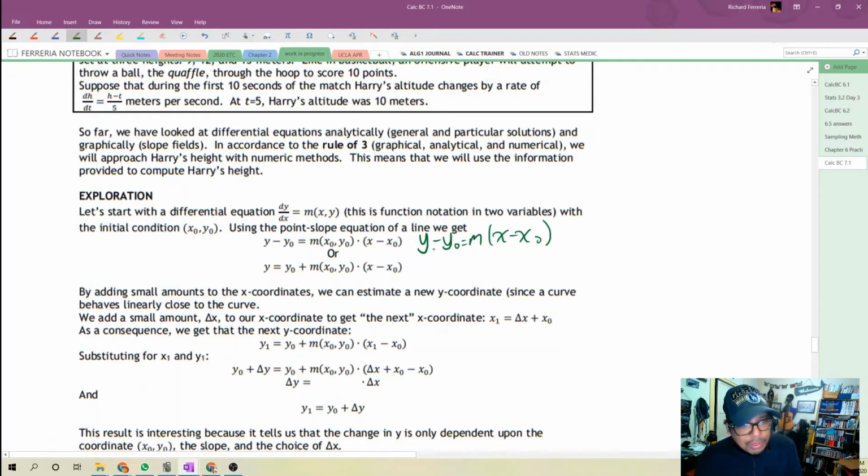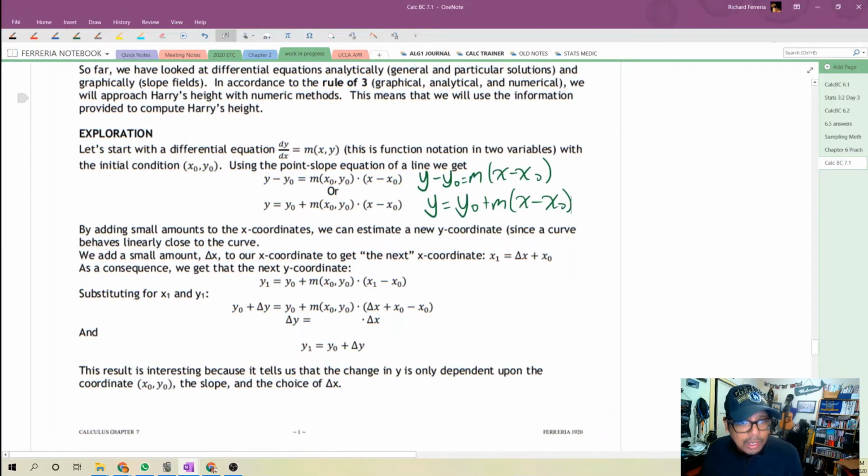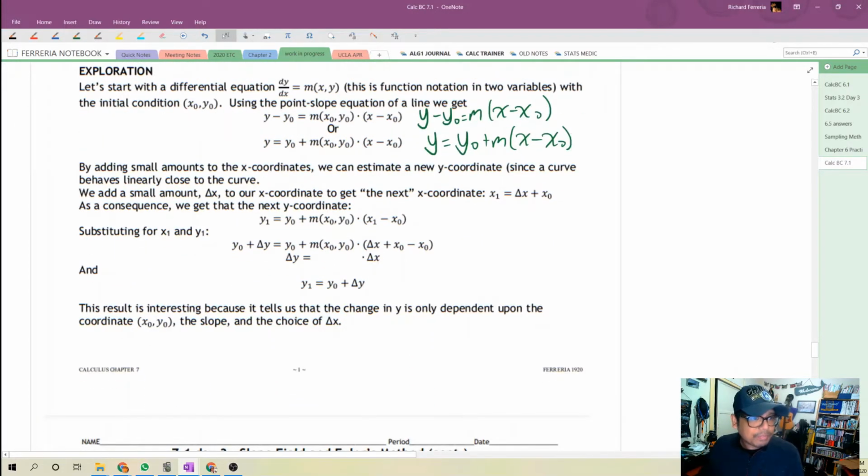Nothing's different here. The only slight adjustment we're going to make is we're going to add y naught to both sides. So we'll get y is equal to y naught plus m multiplied by x minus x naught. And of course, when you write it this way, you produce a function of y, and that is helpful to us in calculus.